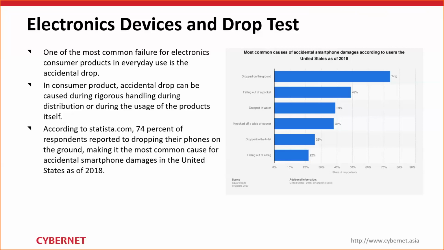So this kind of survey indicates that accidental drops of one of the most used electronic devices happen more frequently than most people expected. Yeah, so it might not happen to us, but out there, these kinds of accidents happen all the time.